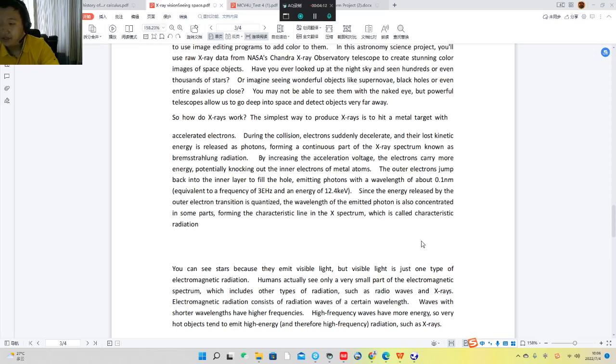Since the energy released by the outer electron transition is quantized, the wavelength of the emitted photon is also concentrated in some parts, forming the characteristic line in the X-ray spectrum, which is called characteristic radiation.